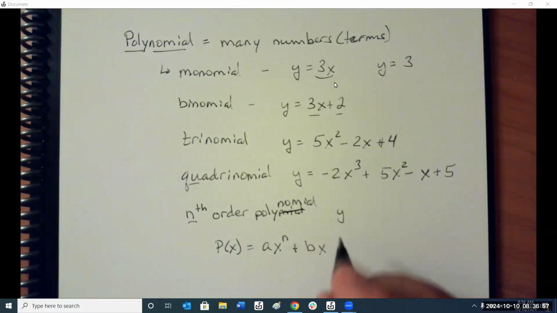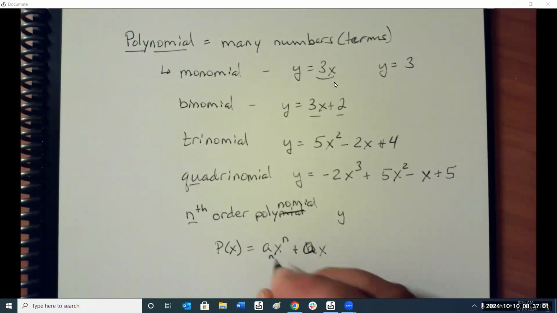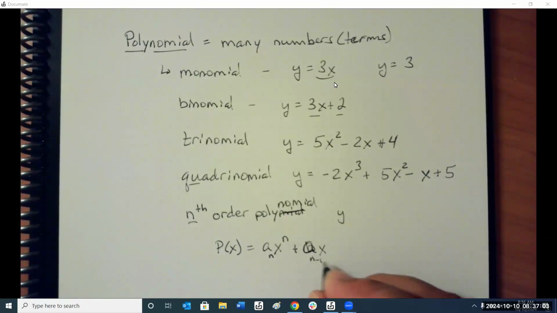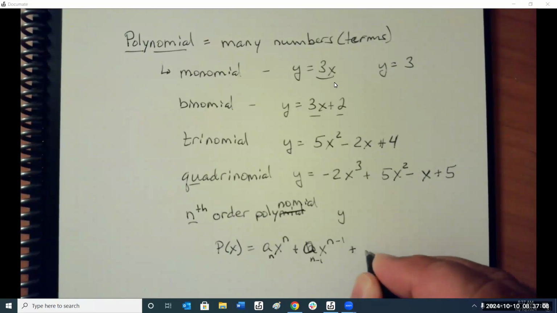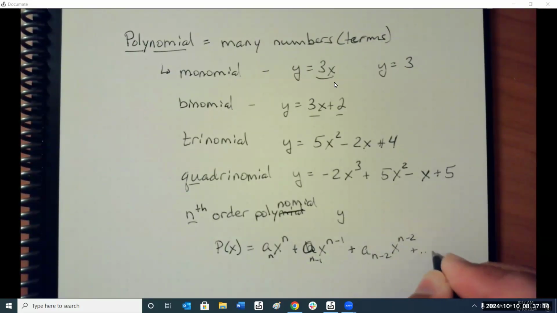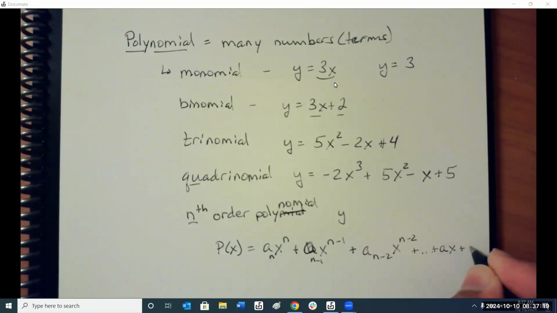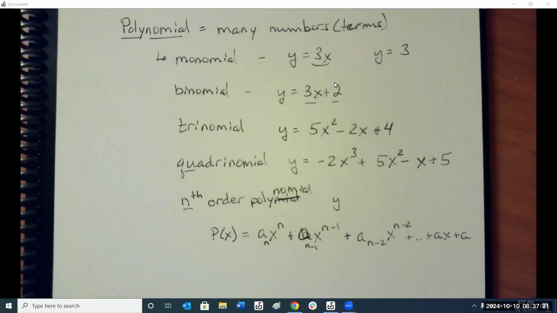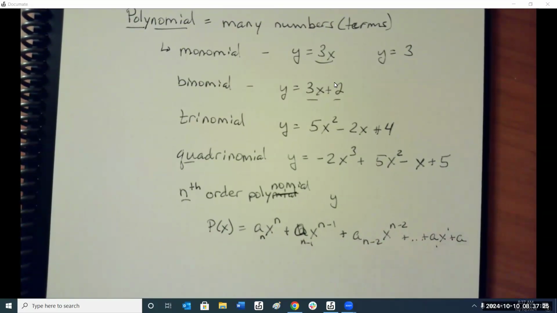The next one, well, let's leave it A's, and this is n, this is n minus 1, n minus 2, all the way down to A x, where this is sub 1, and that's 0. That's a polynomial.